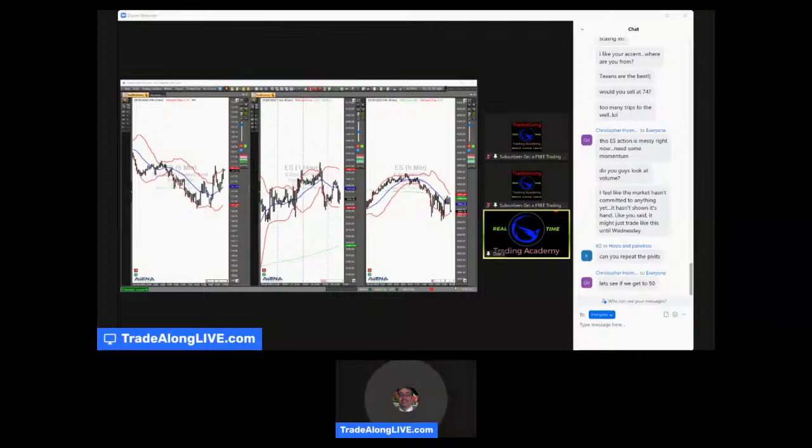The 58's acting like a little support in this area. I would expect us to see 55, and if we can get back above here, then I would expect to see 63.